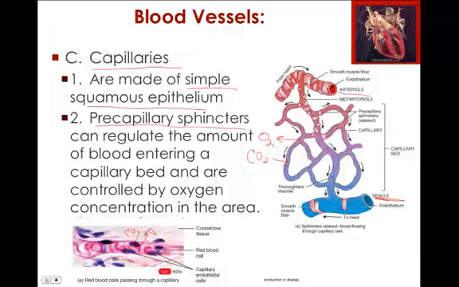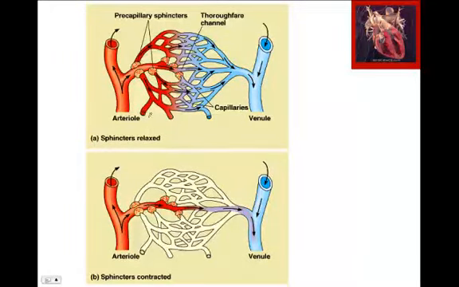Okay, so this is kind of cool. This shows you these precapillary sphincters. You can see in this case, the precapillary sphincters are relaxed, and so blood is moving through this capillary bed. And in this case, the sphincters are contracted. For example, you could picture this happening in some of your superficial blood vessels in your extremities. Let's say it's a really hot, warm day. Those sphincters are going to be relaxed, allowing blood to move through that capillary bed.